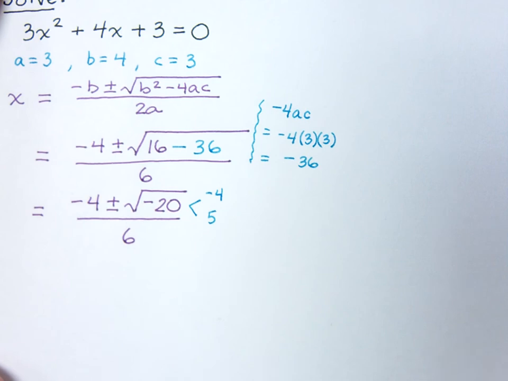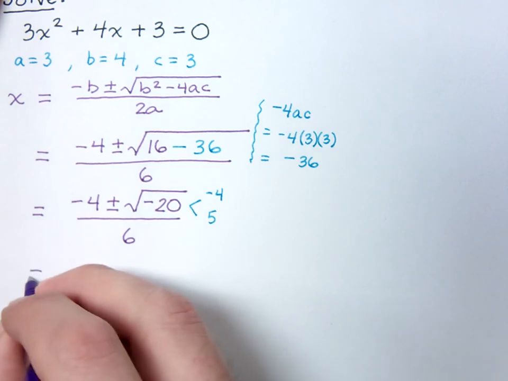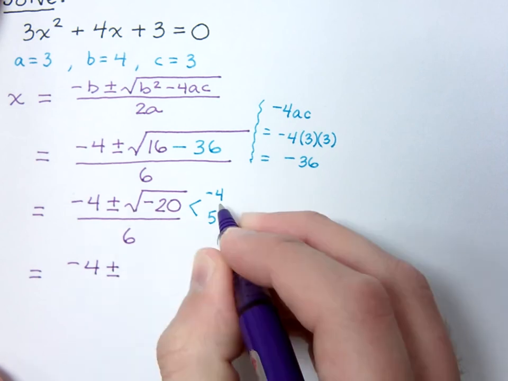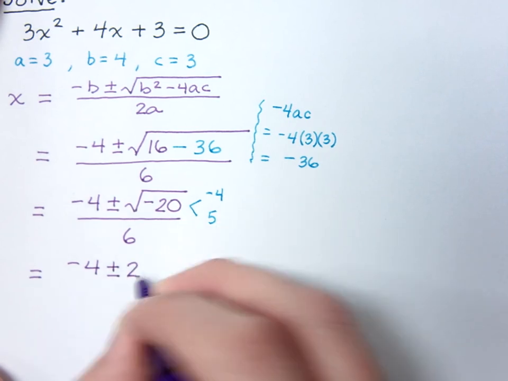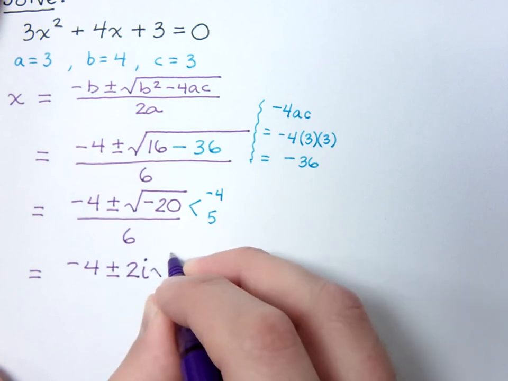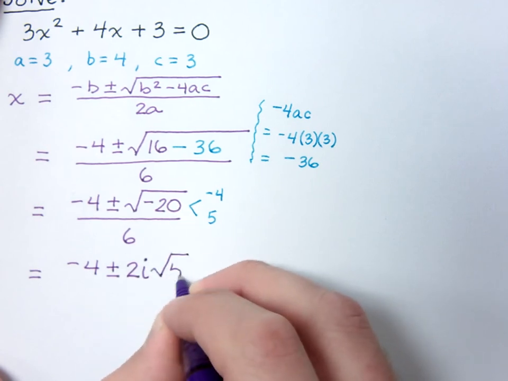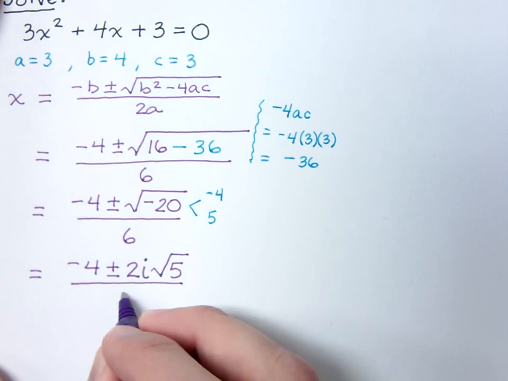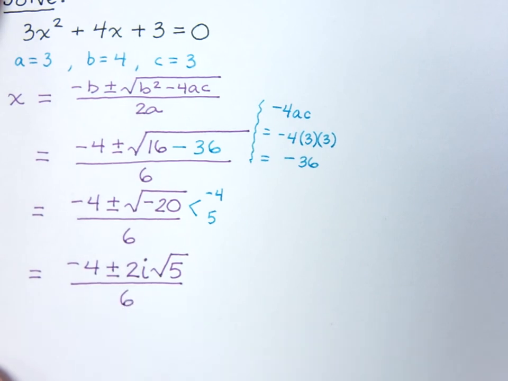I have to pull out the imaginary unit. So this is -4 plus or minus the square root of 4 is 2. The square root of the negative gives me the i, and then I have 5 that's left inside the square root. And this is all over 6.